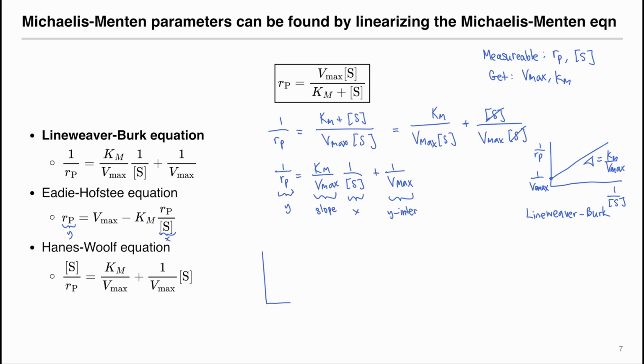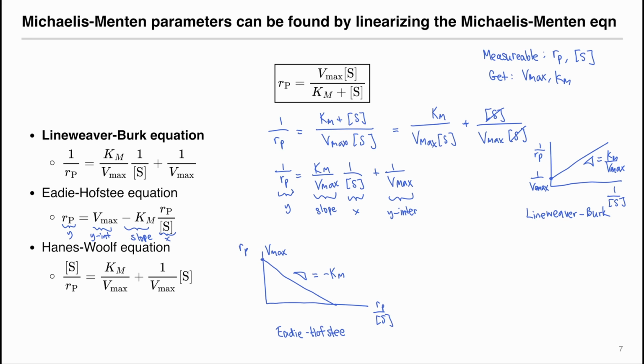For the Eadie-Hofstee equation, on the x-axis we plot Rp over S, and on the y-axis we plot R of P. We see that the slope would be negative K of M, and the y-intercept is the Vmax. So we have a negative slope, the intercept is Vmax, and the slope is equal to negative Km.